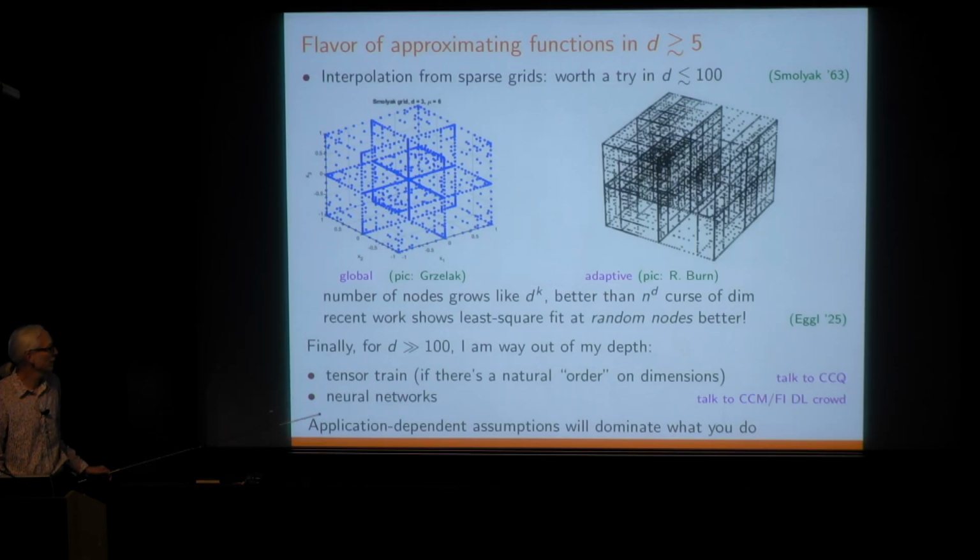It's all application dependent, and it's to do with what assumption you put on the function. And these sparse grids even place assumptions on the functions. If they have lots of derivatives, if they're high degree in certain dimensions, then that uses up all of the degree, and you can't vary in the other dimensions. So they have to have some kind of approximate separability.